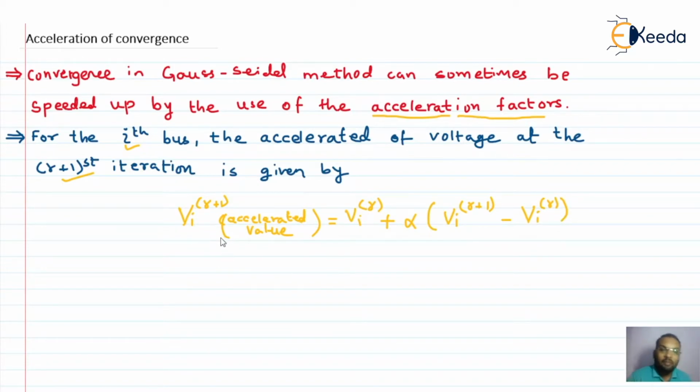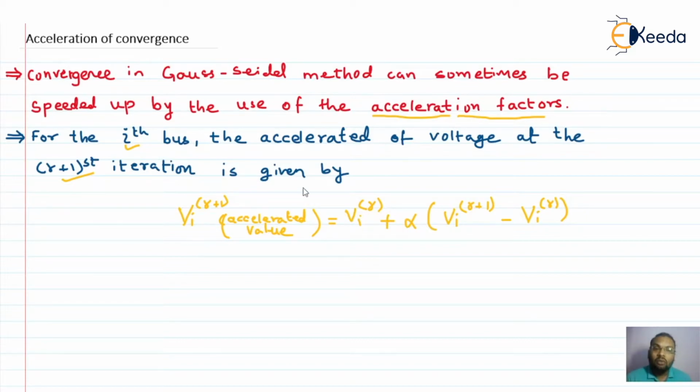With the help of this formula, you will get the accelerated value of the voltage at the ith bus in the (r+1)th iteration. If you make use of this accelerated value instead of directly using the value from the (r+1)th iteration, your method may converge rapidly.